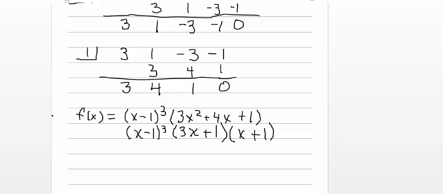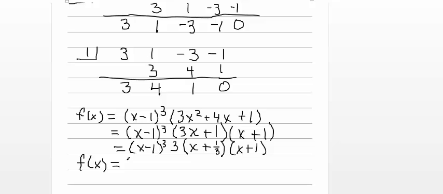And you can check those factors to make sure they're correct. And to factor completely, I need to factor a 3 out of this factor 3x plus 1. 3 times x gives me 3x. 3 times 1/3 gives me 1. And then I'll recopy the factor x plus 1.